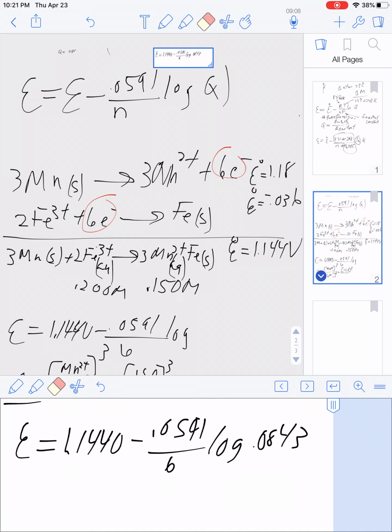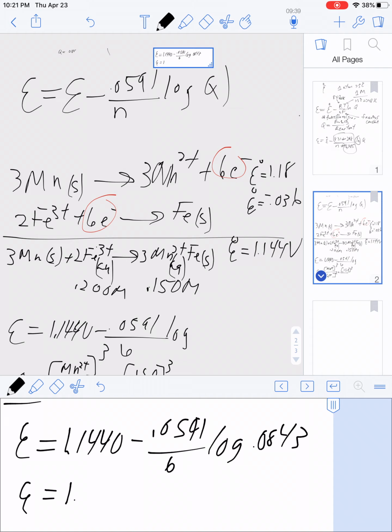So then my new cell potential will be, it actually doesn't change it that much.